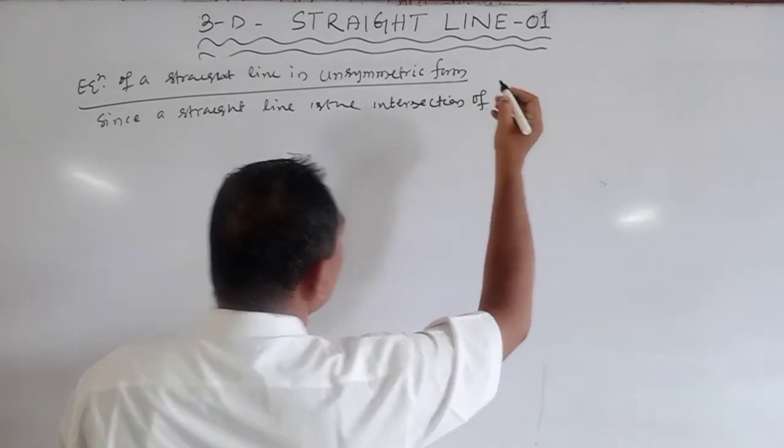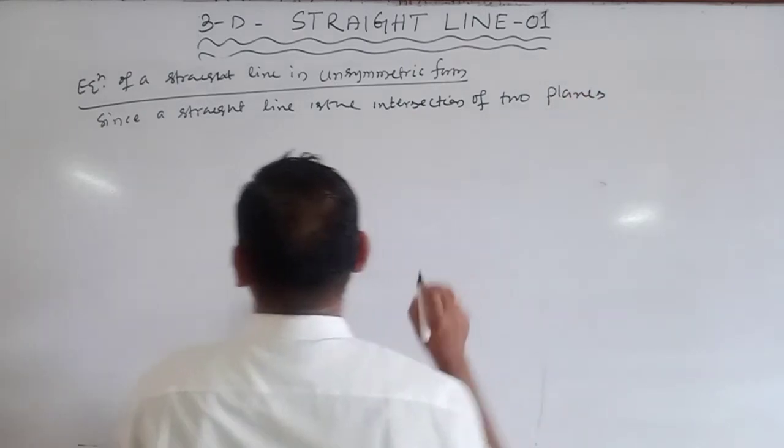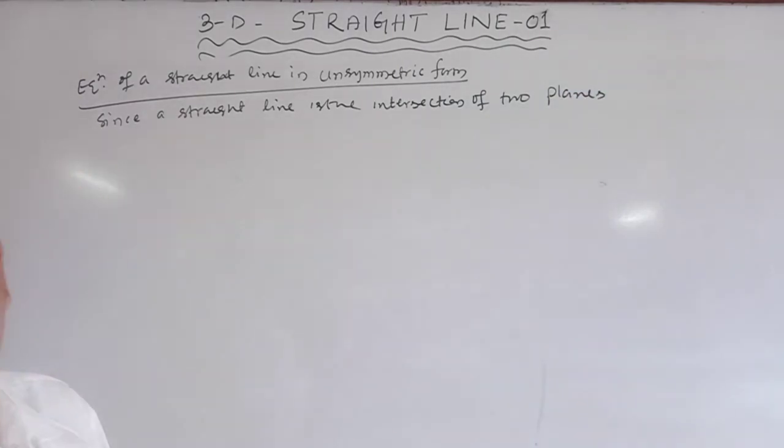A straight line is formed by the intersection of two planes.